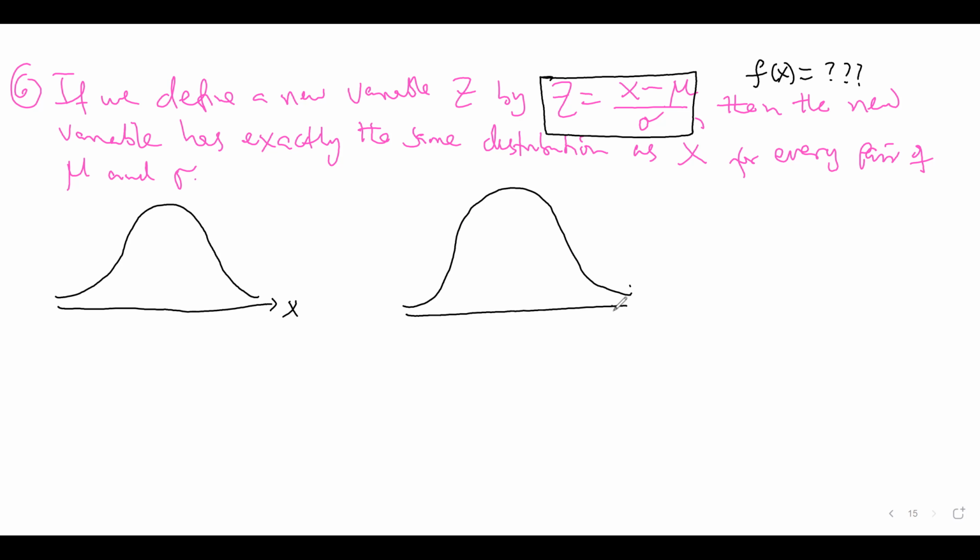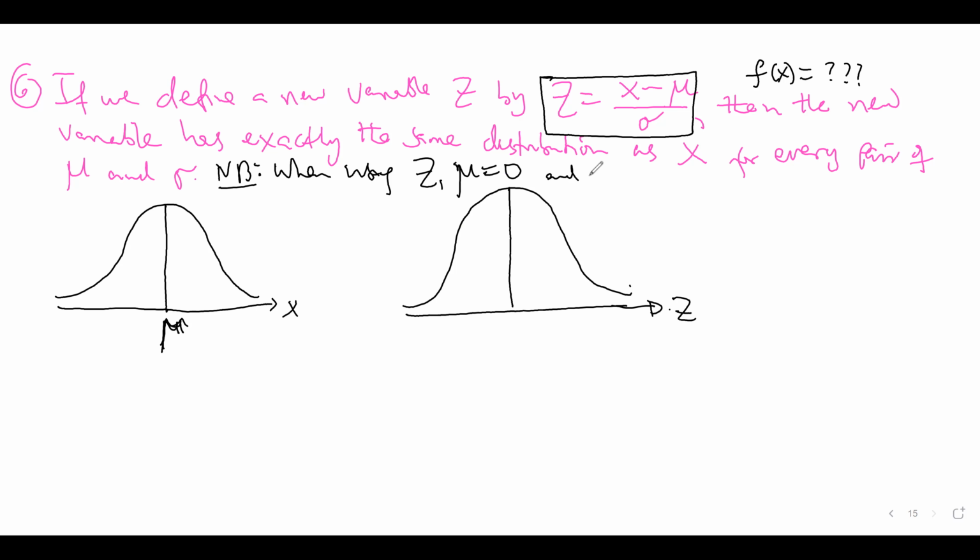My shapes are not similar, but now instead of x, I have a z here. So I'll end up with a symmetrical distribution, where we said this one was mu. When you're using x, the center is always mu. But when I'm using z, mu is 0 and sigma is 1 always.